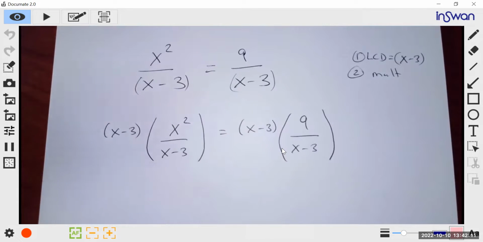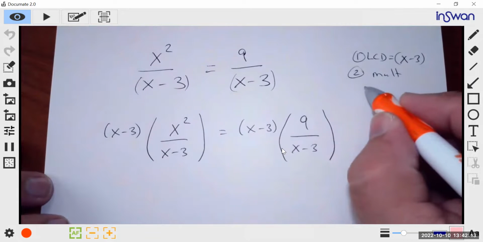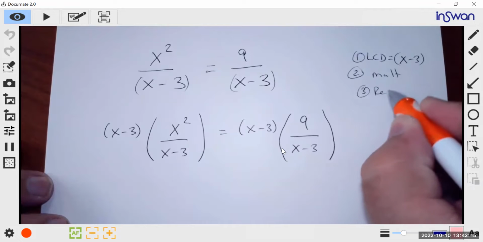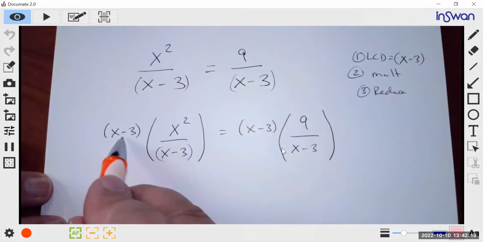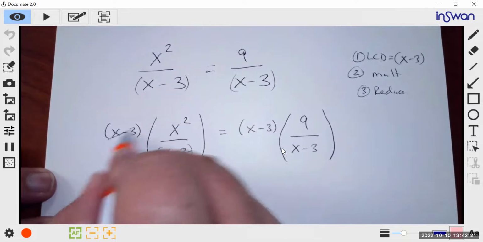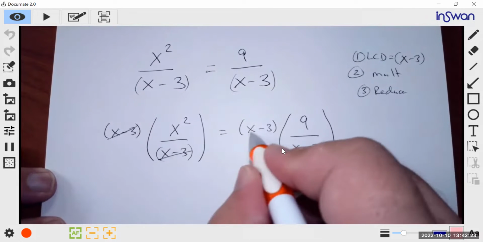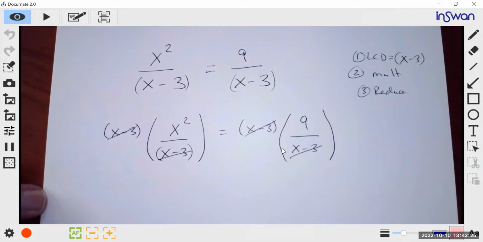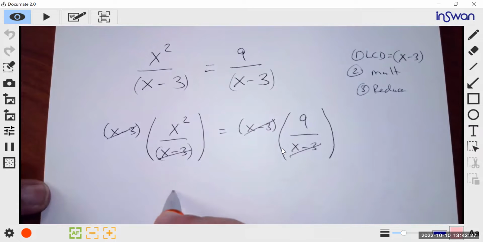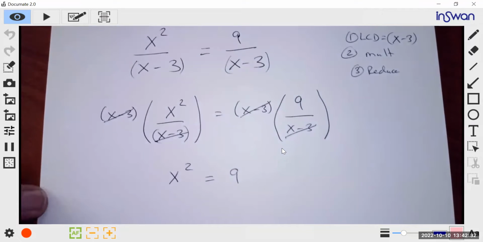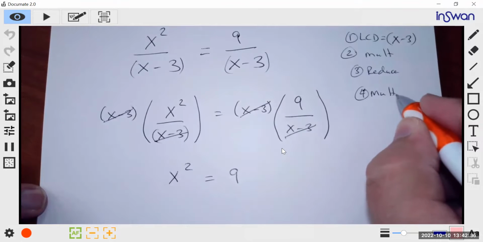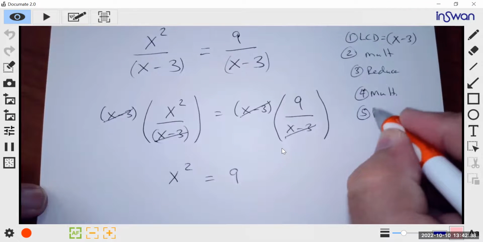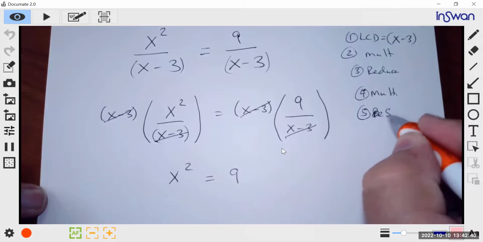I multiply it to both terms. Reduce. How many times is X minus 3 going to X minus 3? Once. X minus 3 goes to X minus 3 once. I multiply to get rid of the parentheses. And I solve.